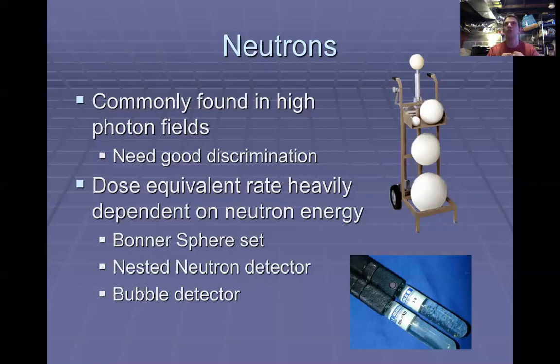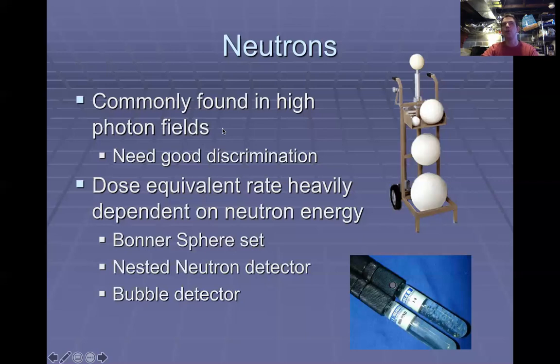They hit those hydrogen atoms and they lose their energy. And so they get down to a lower energy. And it's only those low energy neutrons that can then interact with a detector and be counted, essentially. So most detectors have some form of moderator with a detector inside of them. Each one of these big balls has a tiny little detector in it that actually counts the neutrons.